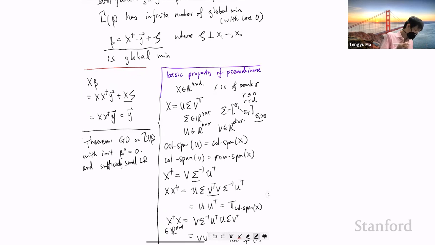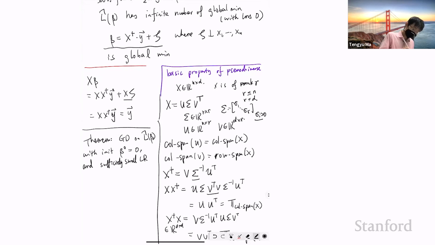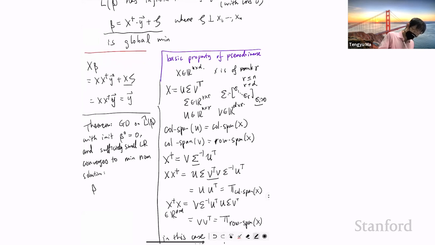So if you have a small enough learning rate and the initialization is 0, then this converges to the minimum norm solution. The minimum norm solution beta hat is defined to be the one among all global minima of the loss function with the minimum norm.